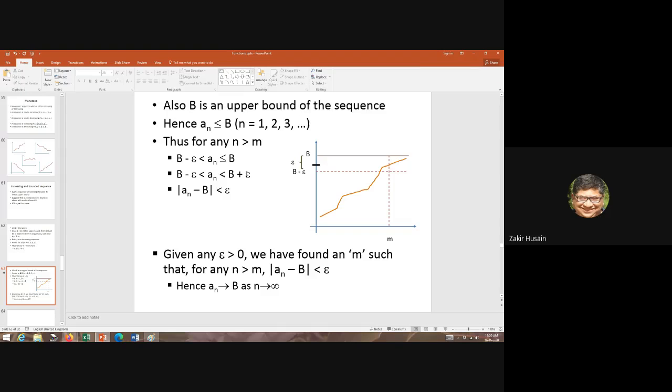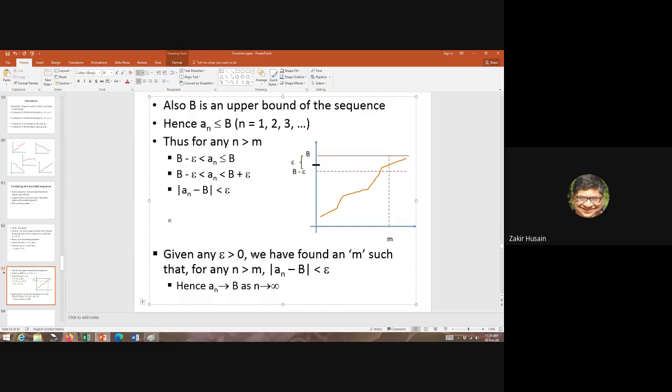Now, if I add an epsilon to b, instead of the weak inequality, it will become a strong inequality. And this simply means this relation: the absolute value will be less than epsilon.